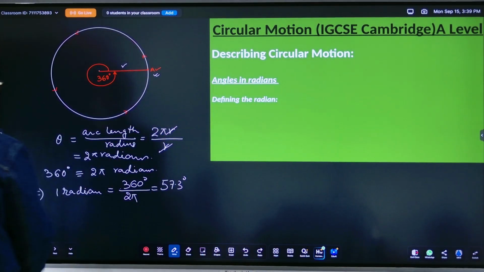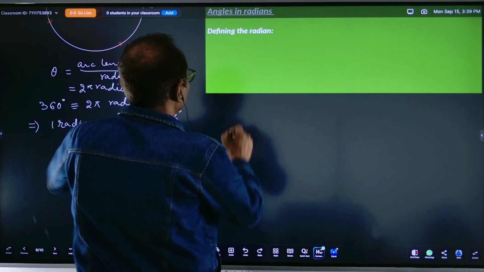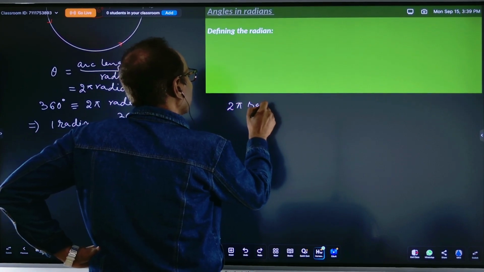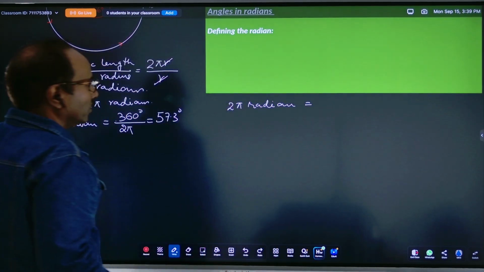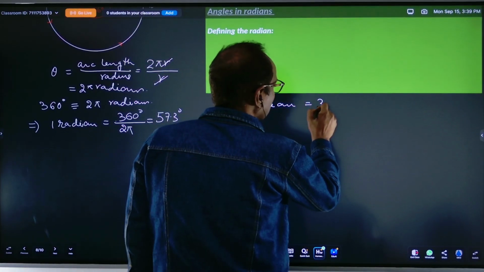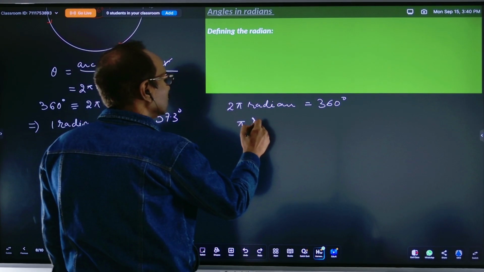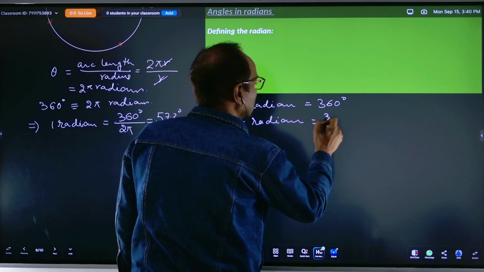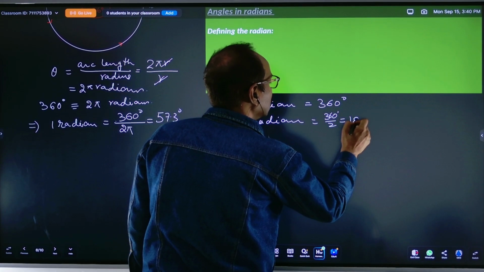2 pi radian is 360 degree. So now you can establish a relation: 2 pi radian is equal to 360 degree. So pi radian will be 360 degree by 2, that is 180 degree.